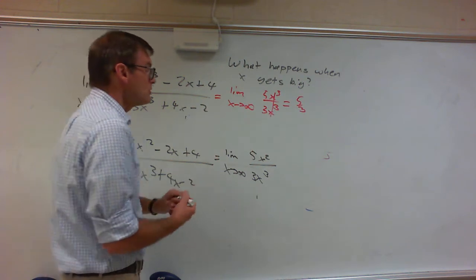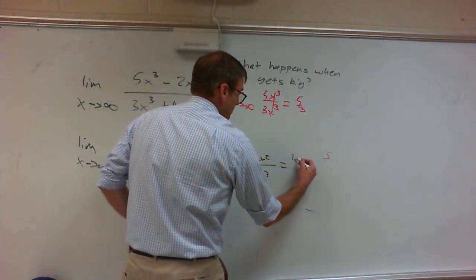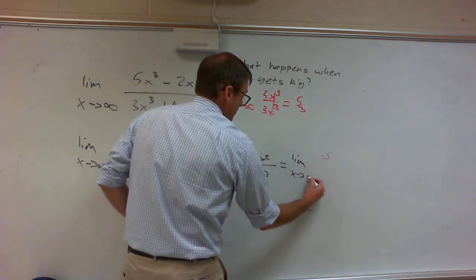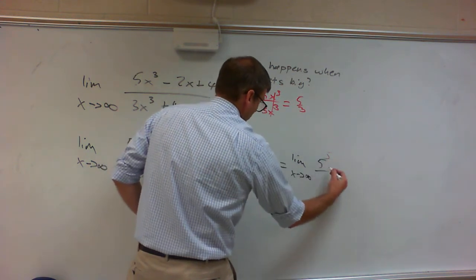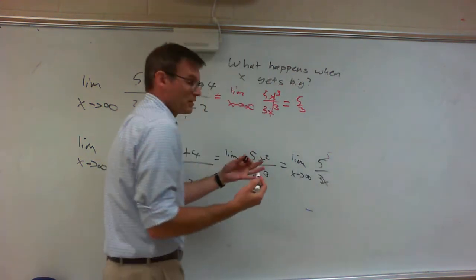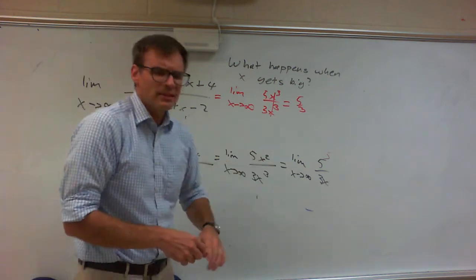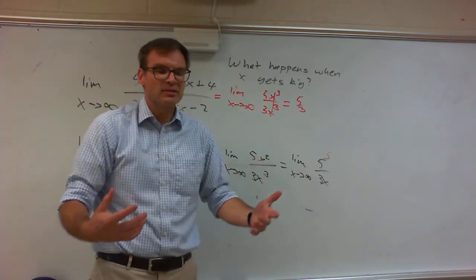I can simplify this to say that's going to be the limit as x gets big of 5 over 3x.